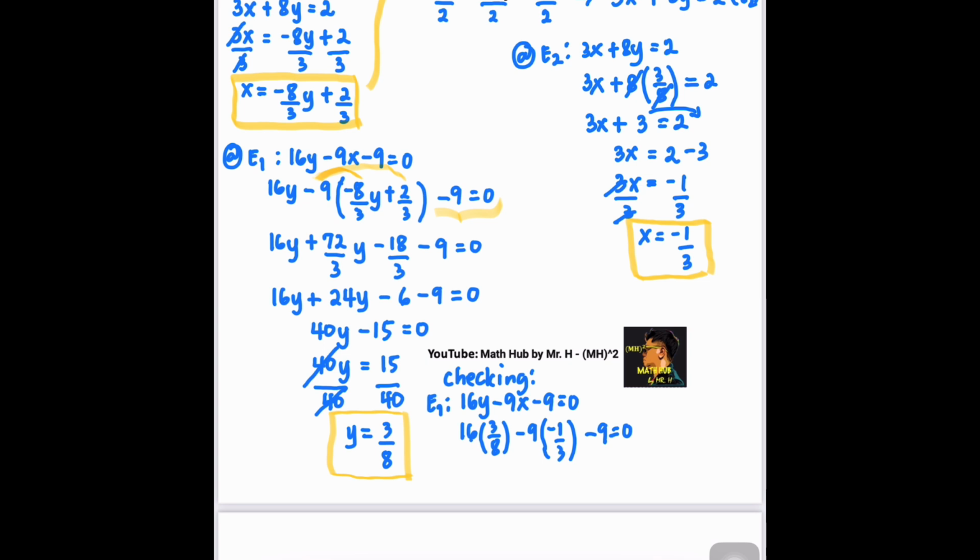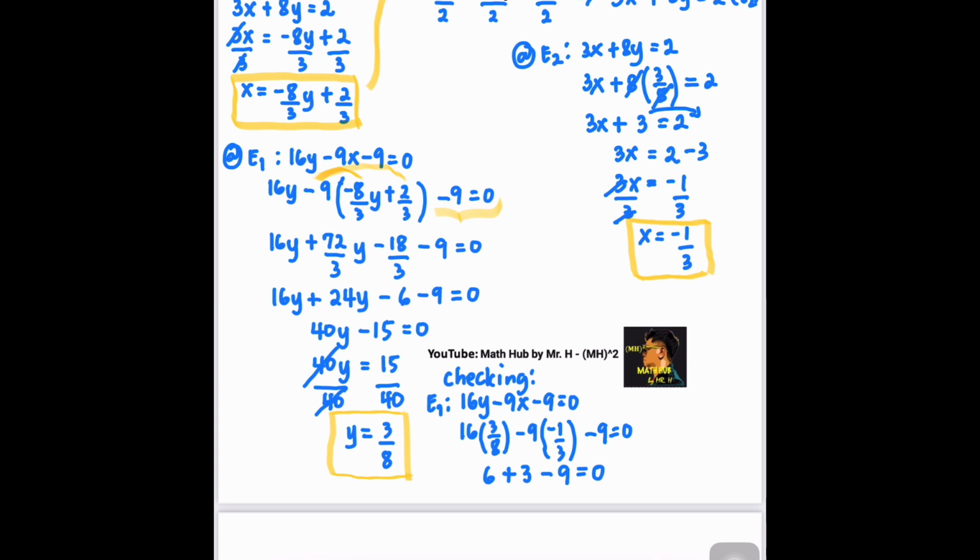So 16 times 3 over 8 is 6. So negative 9 times negative 1 over 3 is plus 3. Then you got minus 9 equals 0. So 6 plus 3 is 9, minus 9 equals 0.